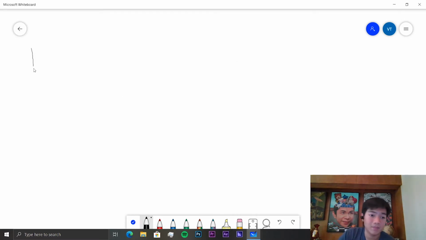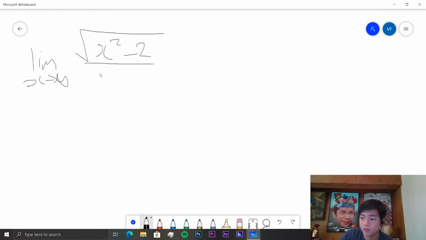Okay, finally, the limit as x tends to infinity of the square root of x squared minus 2, over x. Now we can see an interesting limit here. So we can rewrite this as x squared minus 2 over x squared, I believe.